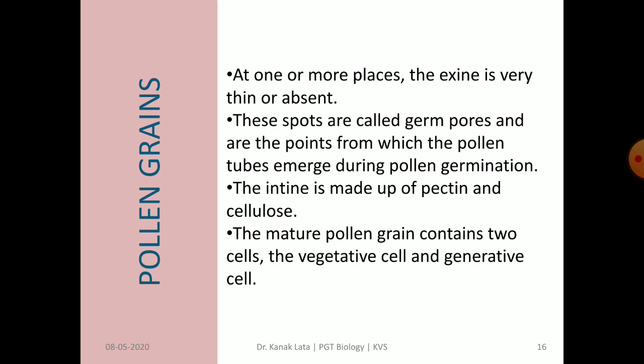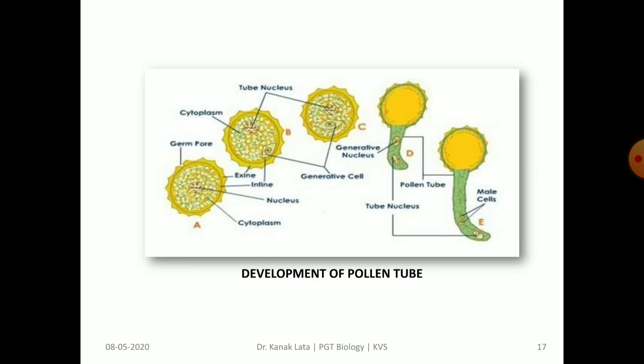The intine of pollen grain is made up of pectin and cellulose. When the pollen grain matures, it divides mitotically to form two cells. What are these two cells? The vegetative cell and generative cell. This is the figure showing development of pollen tube.